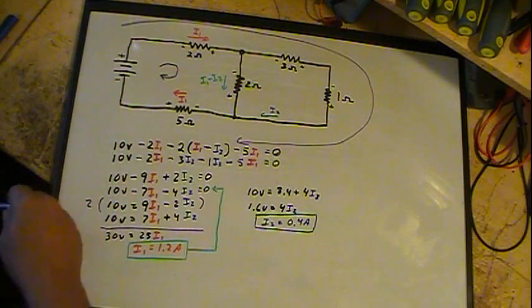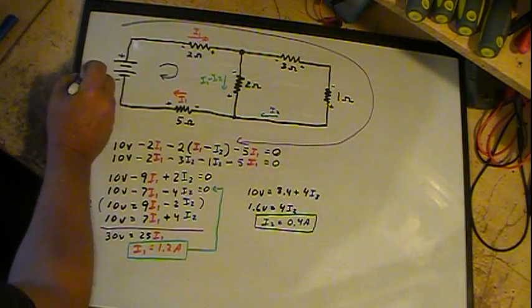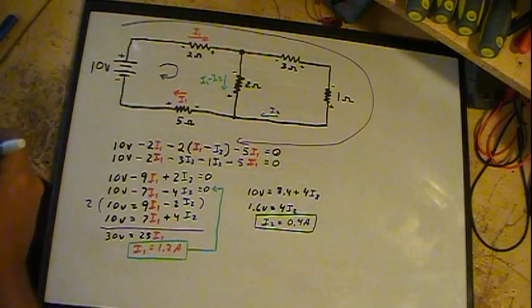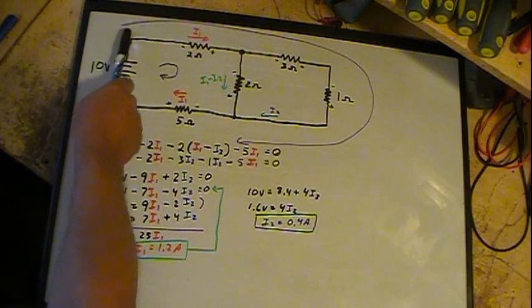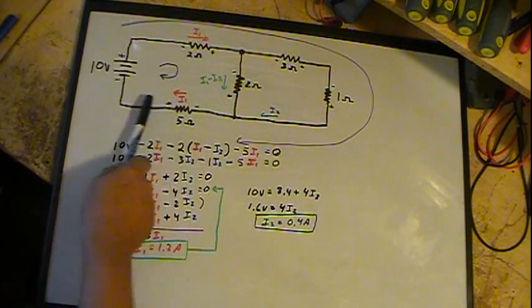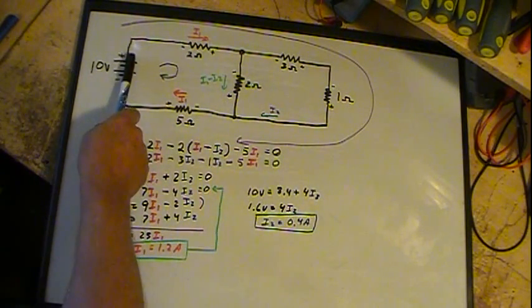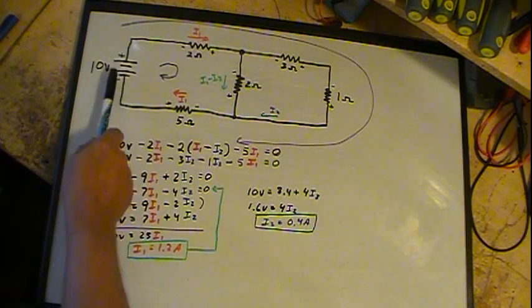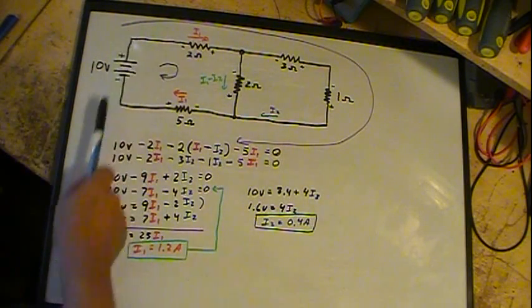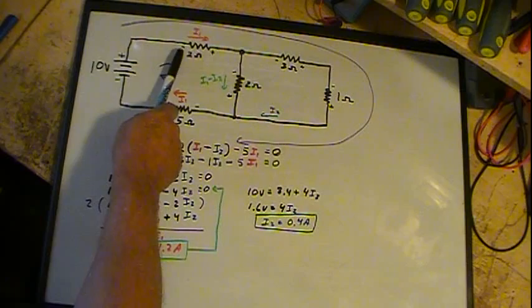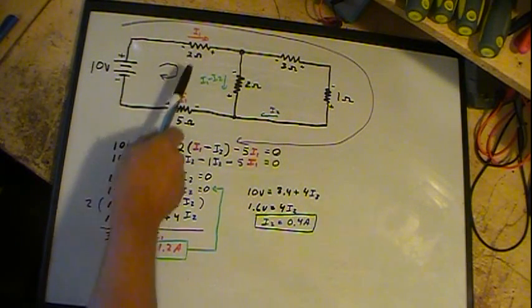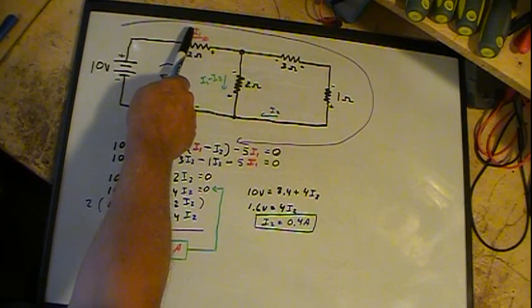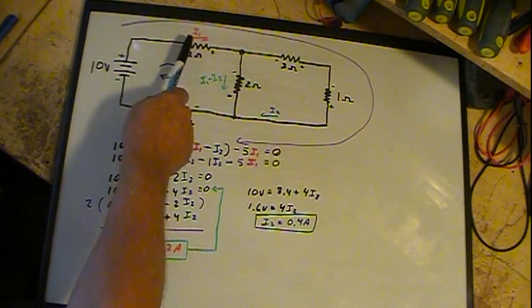So we start off with this 10-volt battery, so we start off with 10 volts here. We're going to follow through this way. So we take 10 volts, it's positive here, so we have plus 10. We come to here, we have 2 ohms with a current that's unknown.